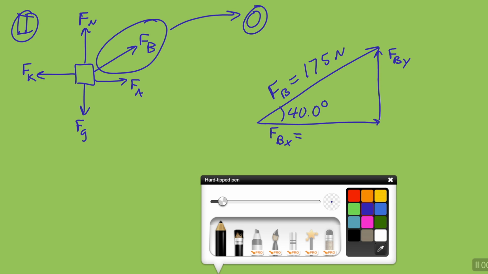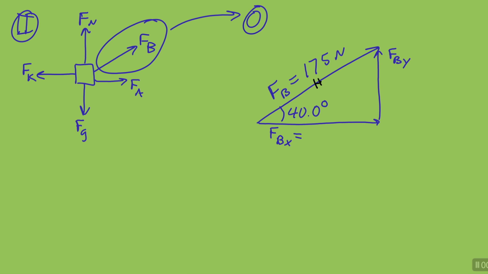If I look at this real quick with the trig, this side is definitely the hypotenuse. This bottom side, F sub bx, is the side that is adjacent to the angle. So this one gets an A. That means this other side here must be the opposite.